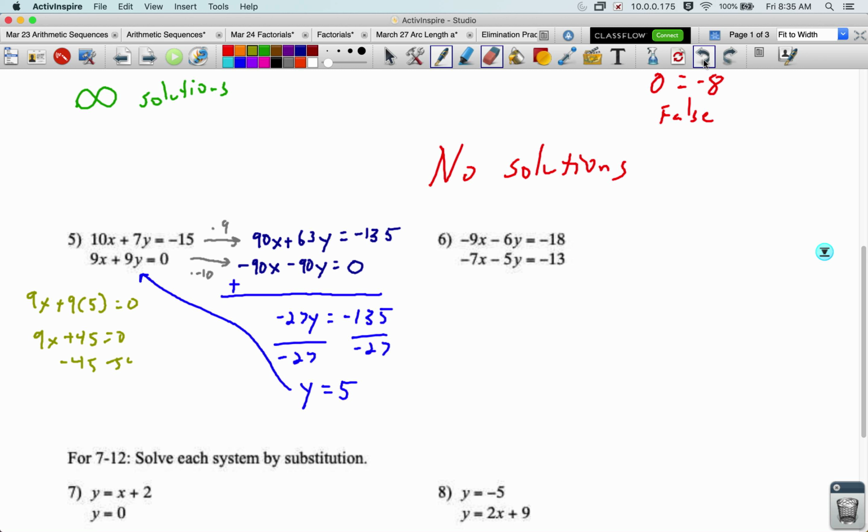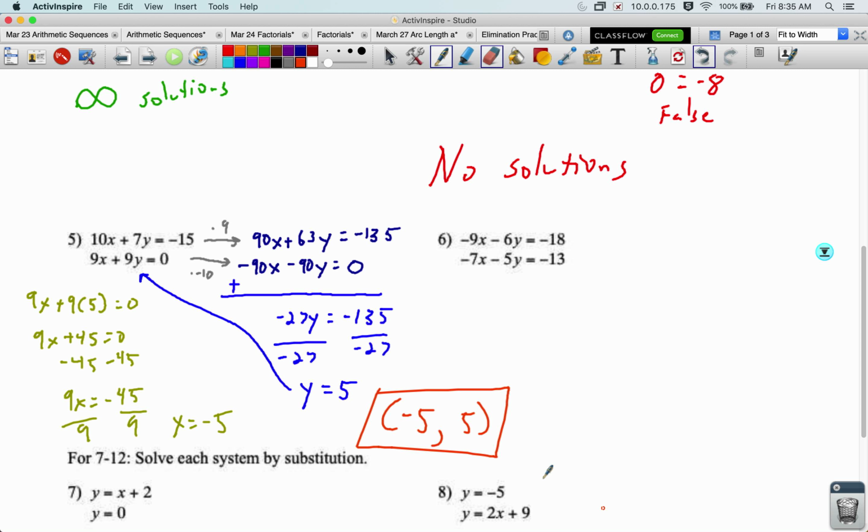Subtract the 45 from both sides. 9x equals negative 45, divide by 9, divide by 9. x equals negative 5. Put it together into an ordered pair: negative 5 comma 5. Alright, double check with the top equation. Negative 50 plus 35 equals negative 15. Yep, that checks out.